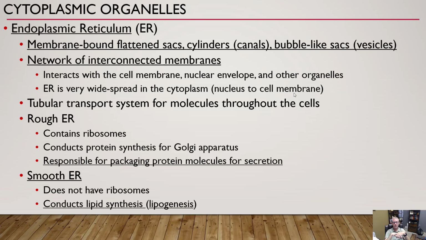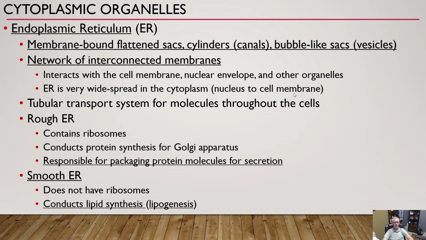All right, smooth endoplasmic reticulum. We don't see any ribosomes on the smooth endoplasmic reticulum, but what it does is conduct lipid synthesis. We call that lipogenesis. Basically, we're producing fat. Lipo is fat, genesis means to create.